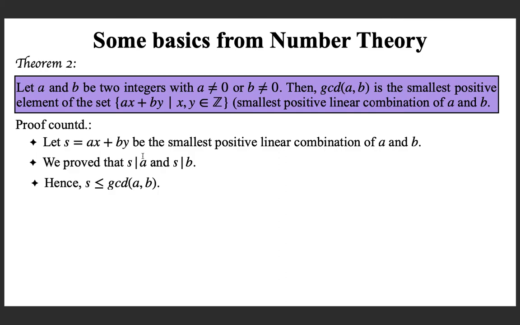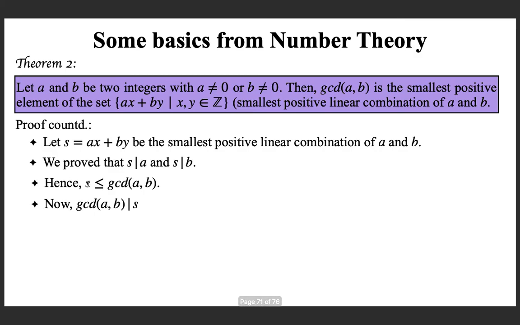So, S is a common divisor for both A and B. So, naturally S is less than or equal to the greatest common divisor of A and B, because this is the largest among all the common divisors, and S is a common divisor.